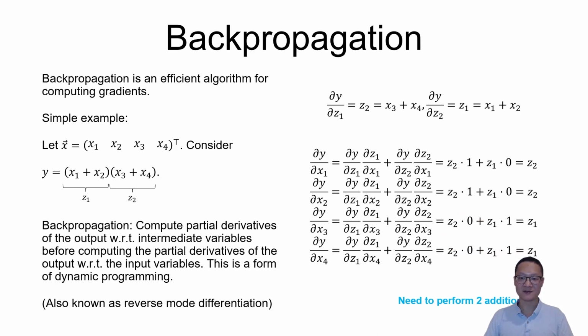So how does that work? What backpropagation does is it computes partial y partial z1 and partial y partial z2 right away. And then it's going to save these results. After saving this result for the first layer of partial derivatives, it's then going to go down another layer to differentiate with respect to the input.